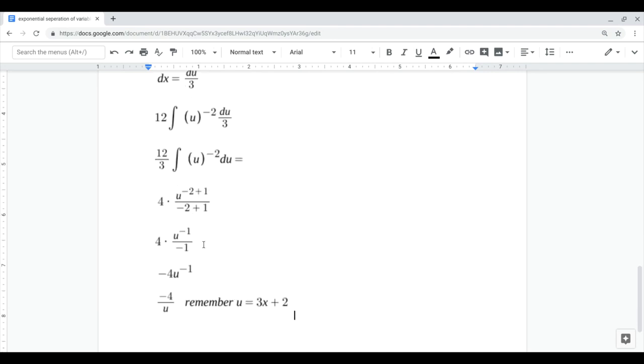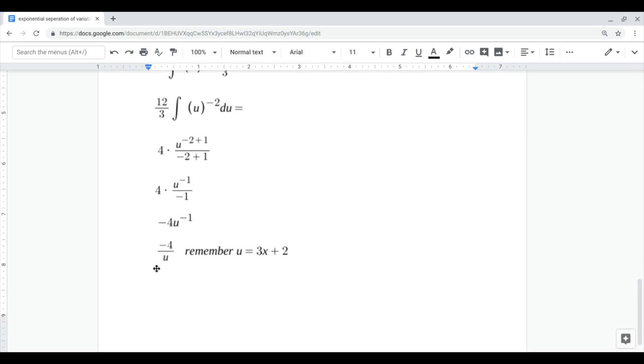This will turn into 4 times u to the negative 1 divided by negative 1, so that it becomes negative u to the negative 1 times 4, negative 4u to the negative 1. And anything to the power of negative 1 is 1 over that number, so in this case it's u: negative 4 divided by u, and remember that u is 3x + 2, so we're going to plug that back in.